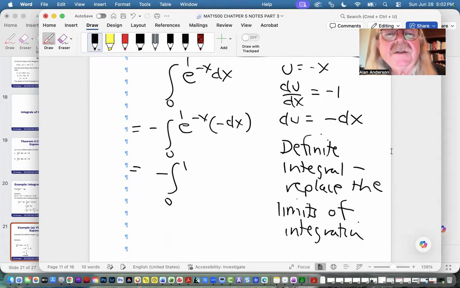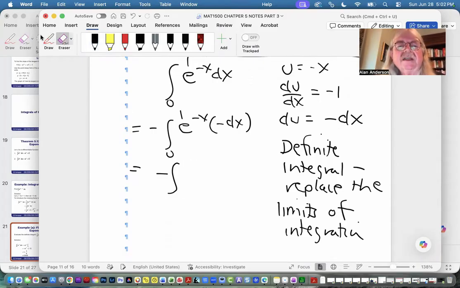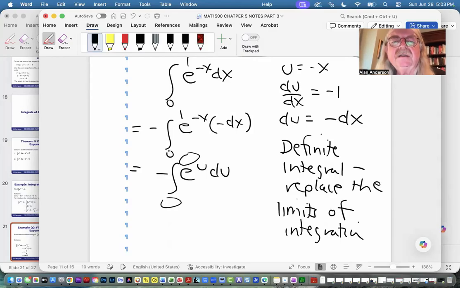So notice we can't use 0 and 1. So in other words, if I rewrite this as e to the u du, these have to be functions of u.